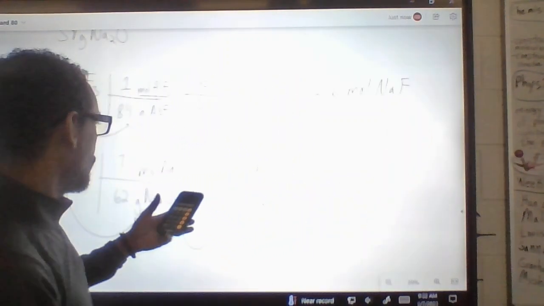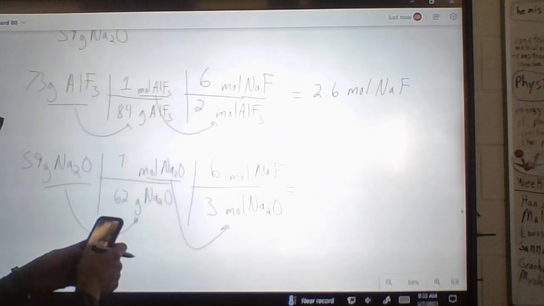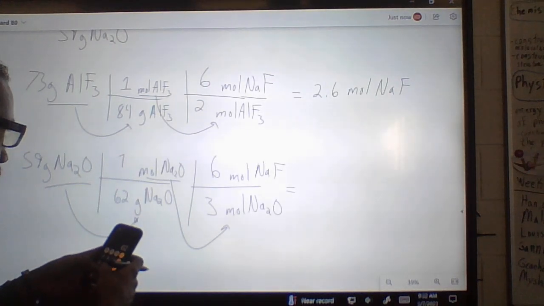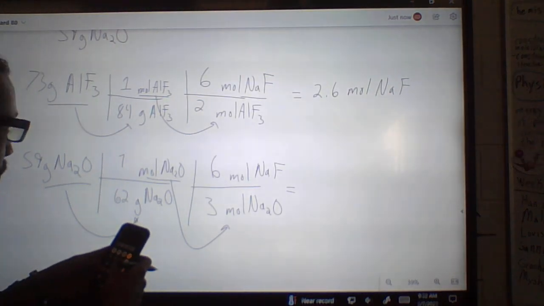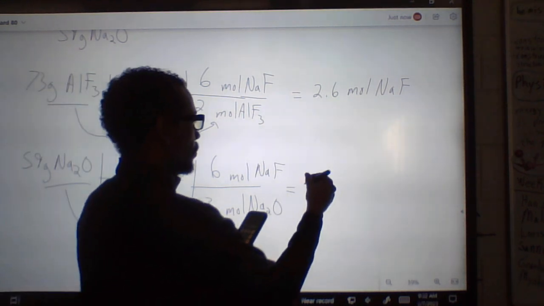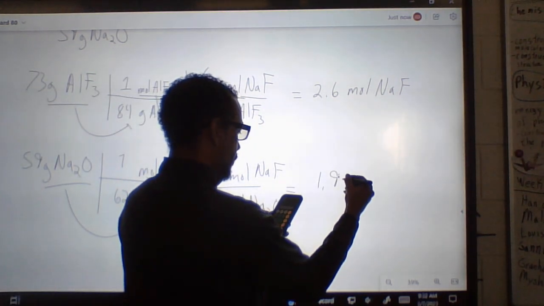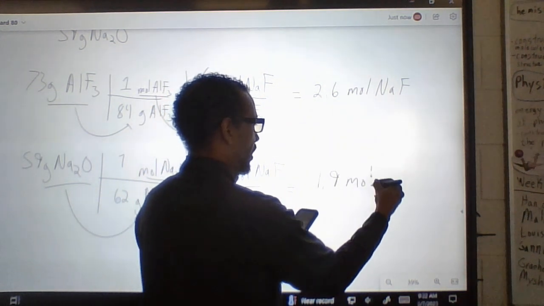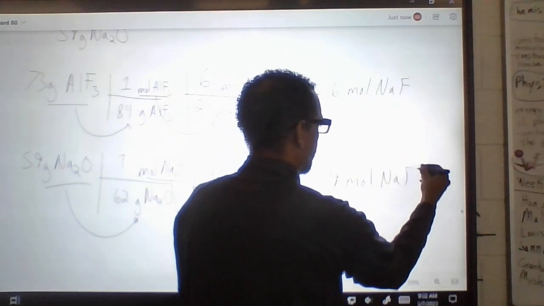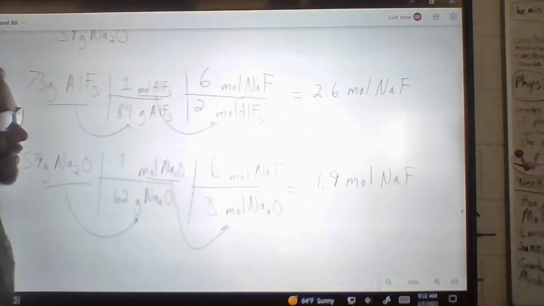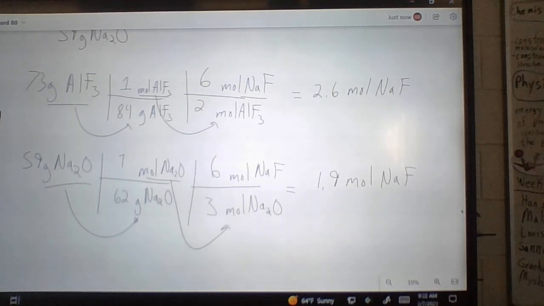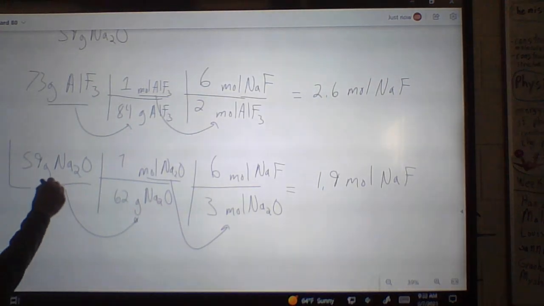And then for this one, we're going to get 1.9 mole NaF. All right, so now we can see which one is the limiting reactant. So this is going to be my limiting reactant here.